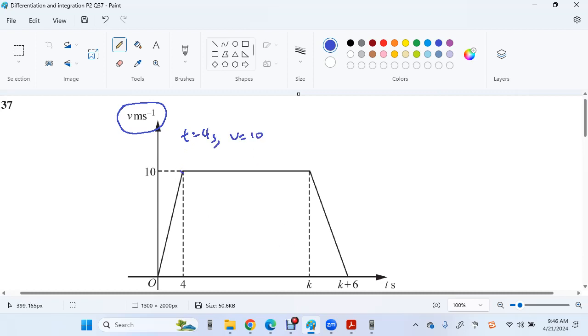So we can directly know the value of velocity from the graph. And in a VT graph, the acceleration is the gradient of the graph, and the displacement is the area under the graph.